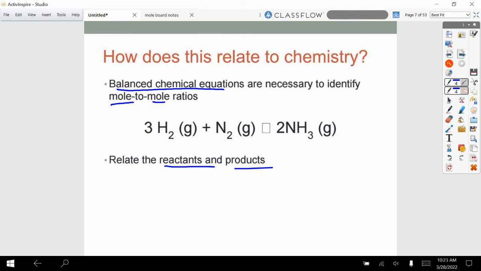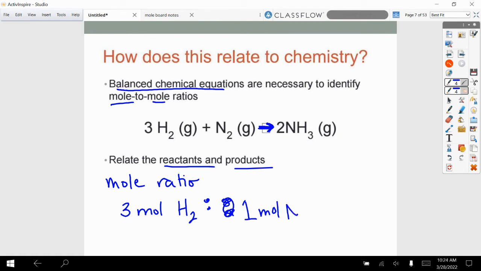If we were looking at this equation here and we wanted to determine our mole ratios, our mole ratio for our balanced chemical equation would be that for every 3 moles of hydrogen, we would need 1 mole of N2, and we would then produce 2 moles of NH3. And so these would be our mole ratios.